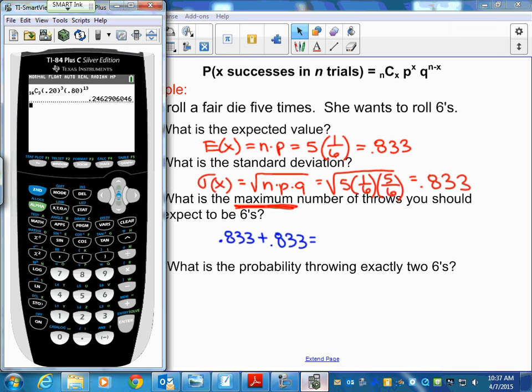I don't know what that is off the top of my head. 1.666, okay. What that tells me, when you roll a die 5 times and you want to try for 6s, the maximum number of 6s you should expect is 1.666.